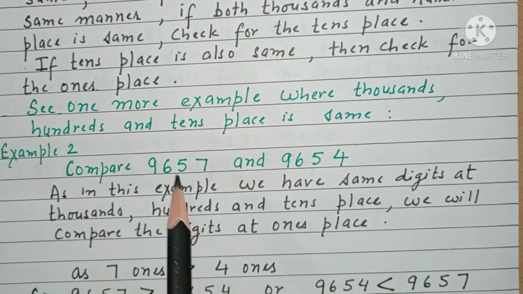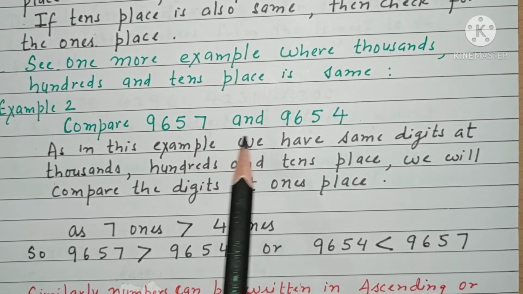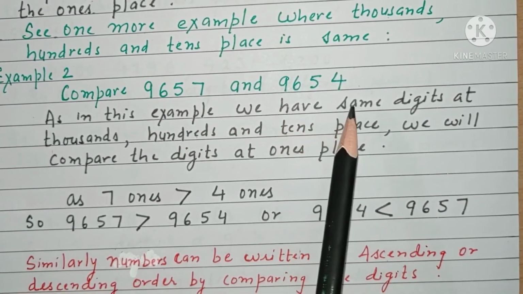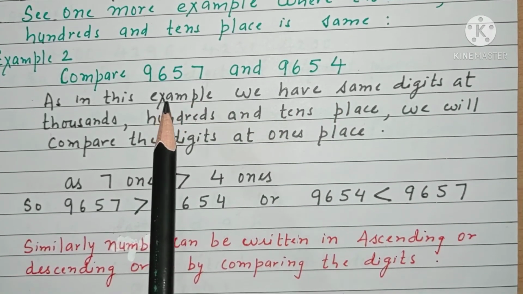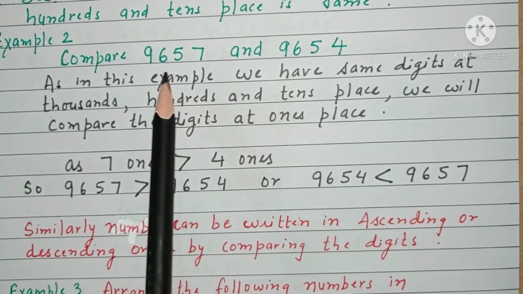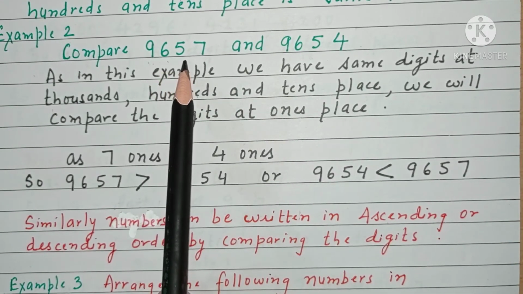For example, we need to compare the numbers 9657 and 9654. Now, as you can see in this example, we have same digits at thousands, hundreds and tens place.